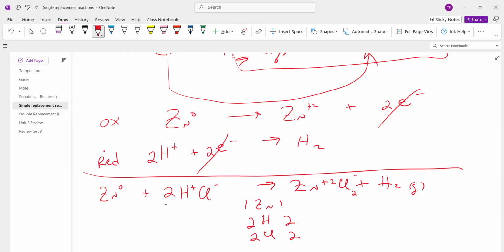Okay, so it's balanced now. So whenever we're working with acids now, don't think of them as HCl together. It's H plus, it's Cl minus. The other strong acid is sulfuric, H2SO4. That's a little trickier because it's got 2 H's that come off.